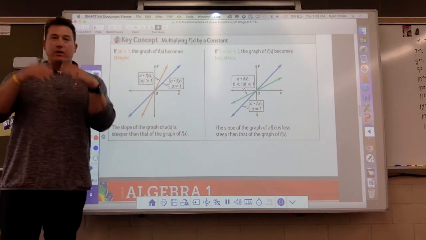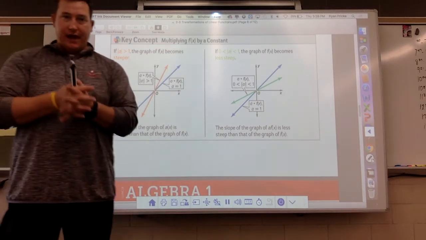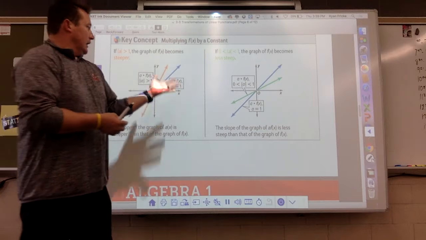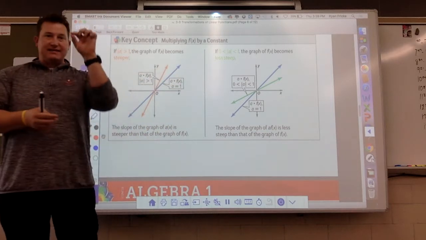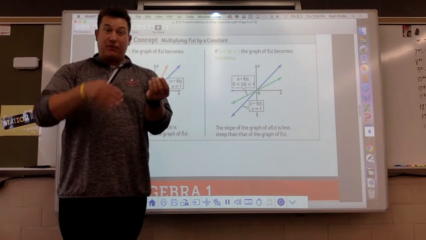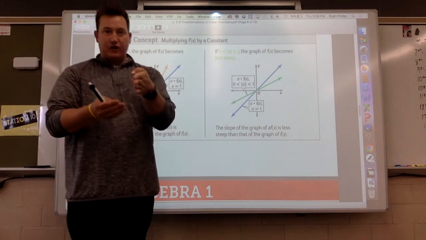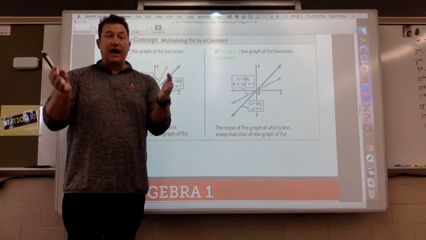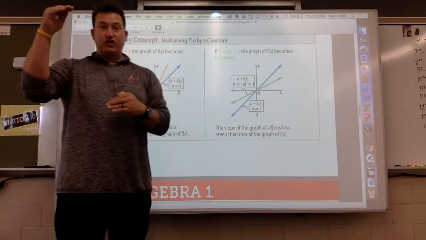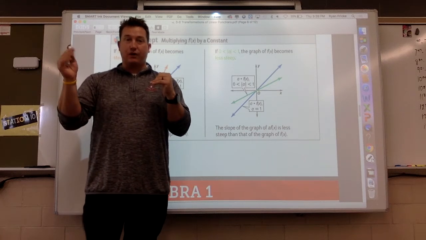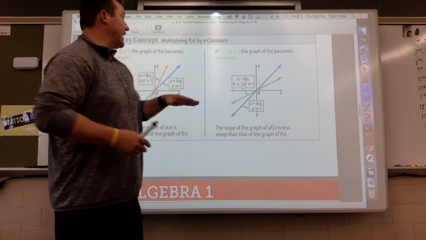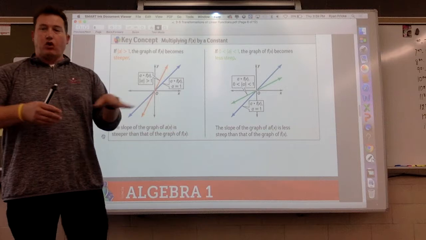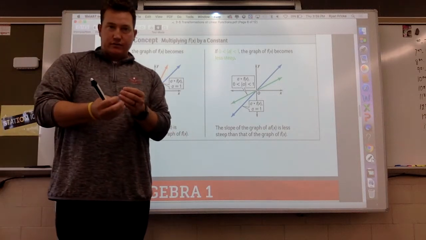Here we go. So when we multiply a number now, right? So once again, f of x equals x is our parent function. If we were to multiply that x value by a number, any constant, 5, -5, 2, 1/2, 2/3, okay? We get a compression or we get a stretch, right?